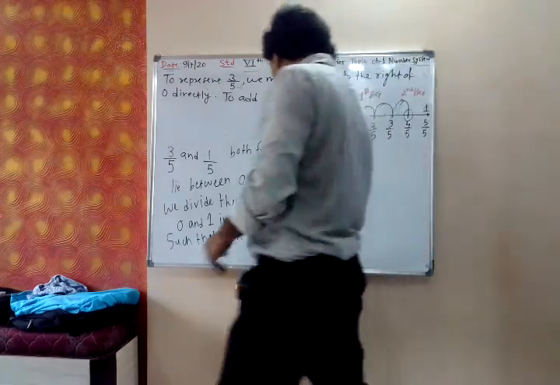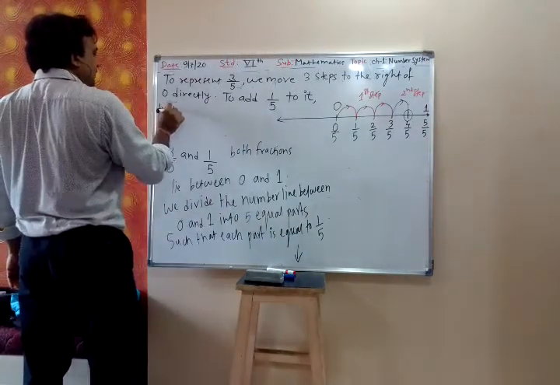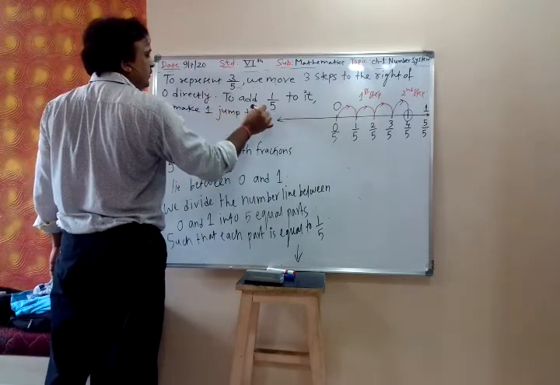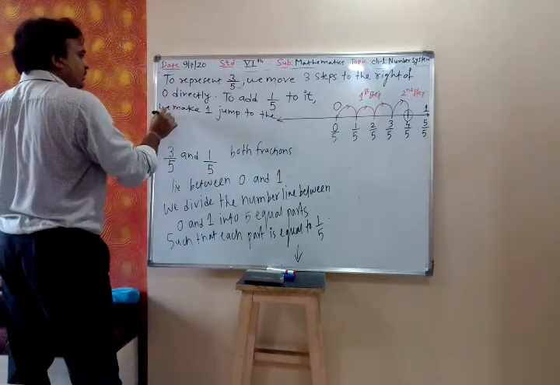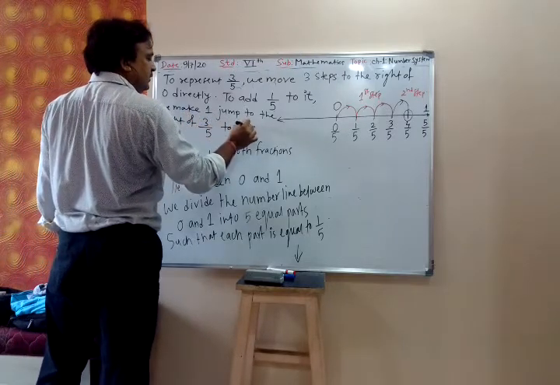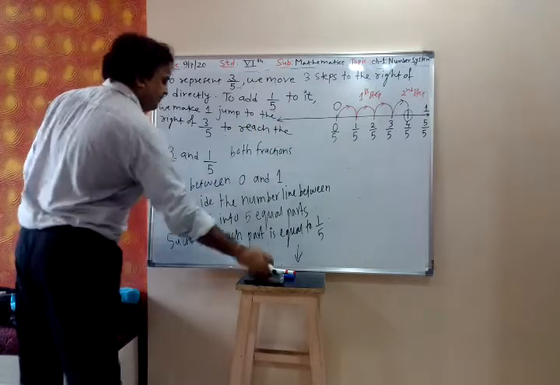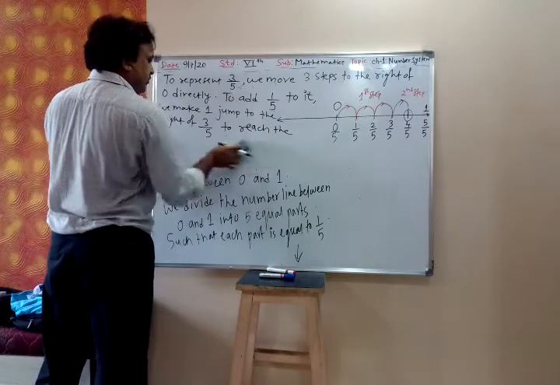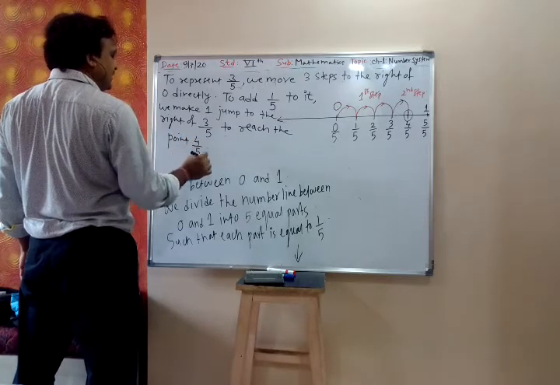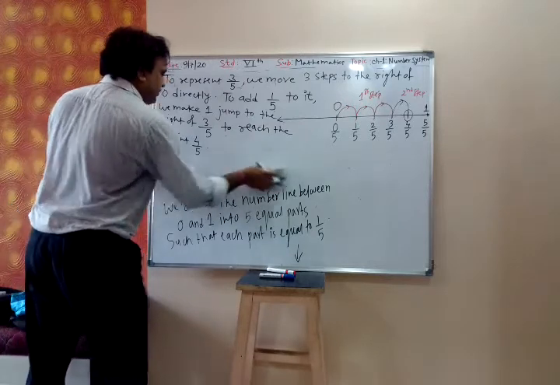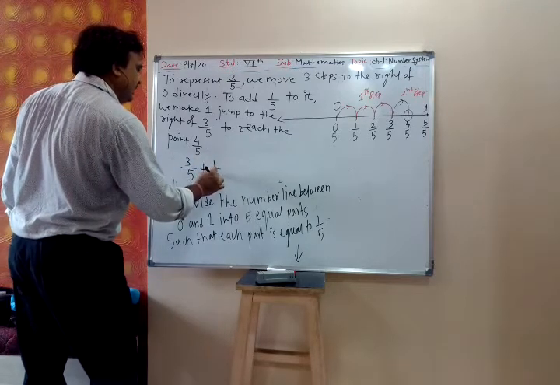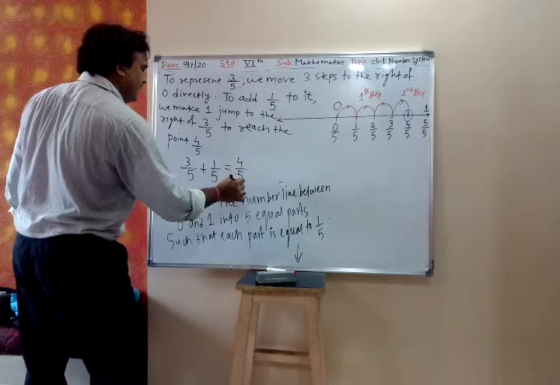So to add 1 upon 5 to it, we make one jump to the right of 3 upon 5 to reach the point 4 upon 5, and this is our answer. So 3 upon 5 plus 1 upon 5 is 4 upon 5.